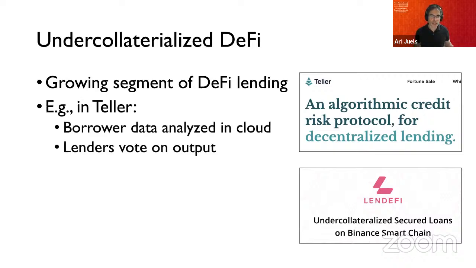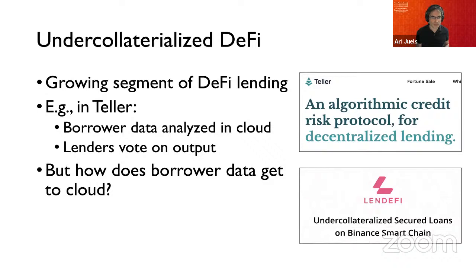What they do is they ingest data from a would-be borrower, analyze it in the cloud, and then the lenders in a lending pool vote on whether or not to grant a loan. Now, in principle, the data are analyzed in the cloud and lenders just get a digest of the result. Sensitive data doesn't get leaked to the lenders, but somehow the data needs to get to the cloud. It needs to get there in an integrity-preserved form.